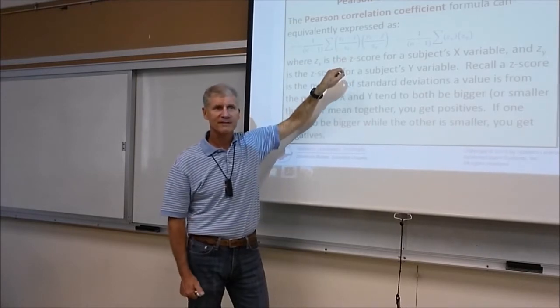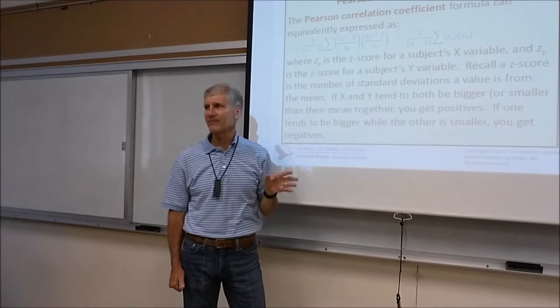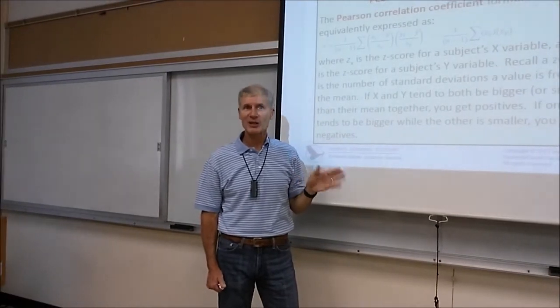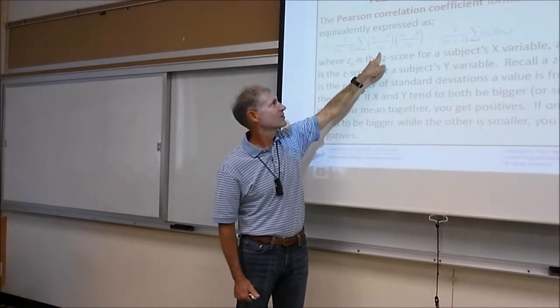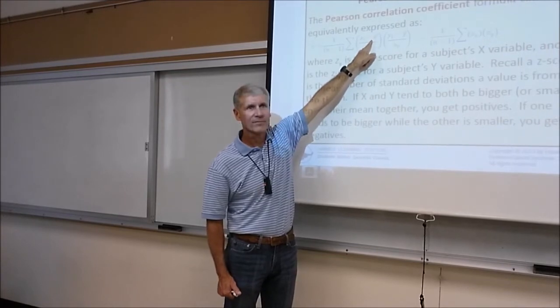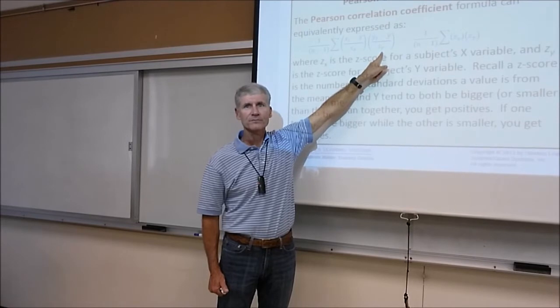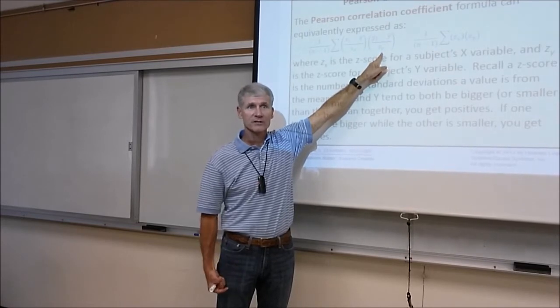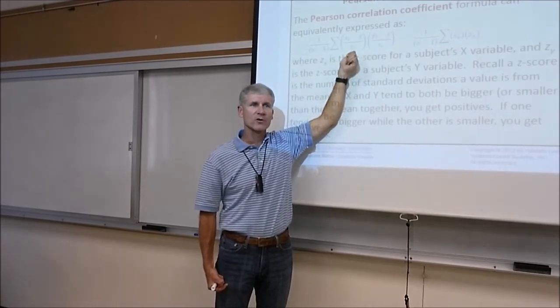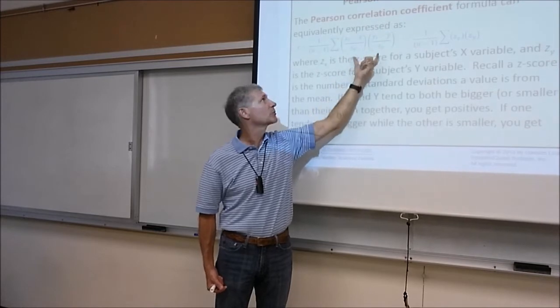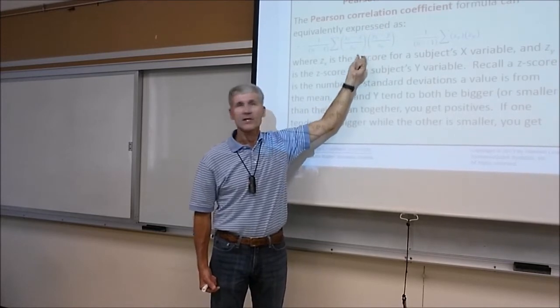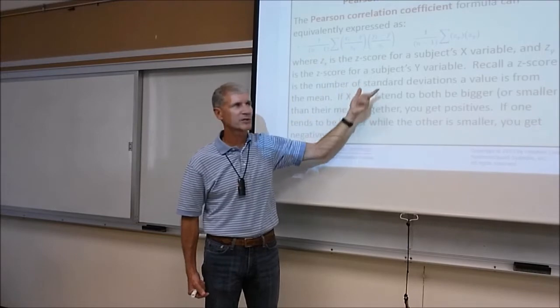Very good. I've mentioned there's a test Friday, right? Z-scores will be on that test. This is a z-score for the x variable. This is a z-score for the y variable. So you take each person, you figure out their z-score for x, their z-score for y, and you multiply the two things together. Then you sum those up across all of the subjects.